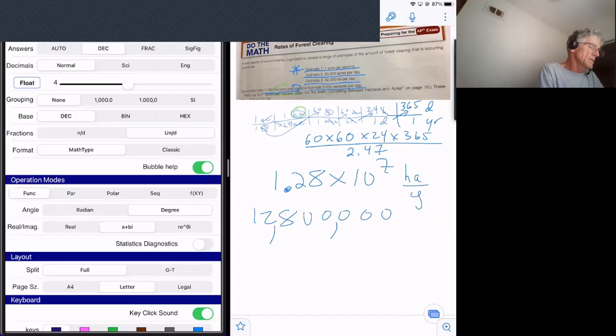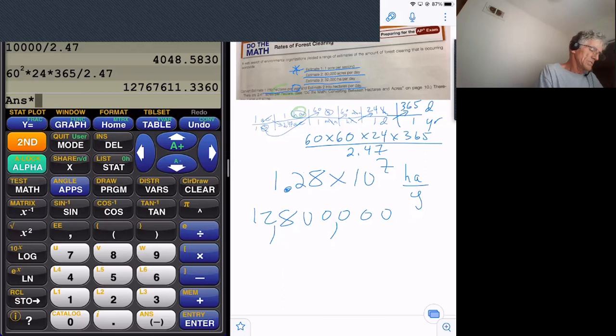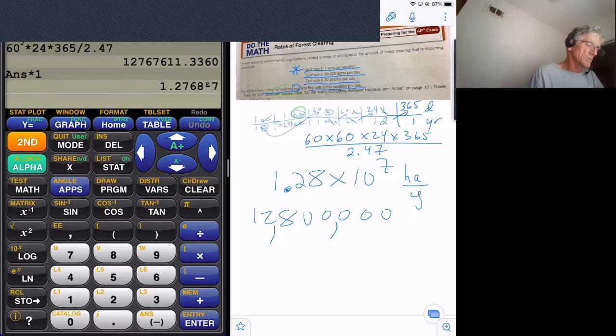You just put mode, and then you go scientific. Then you multiply that, and it gives you 1.28 times 10 to the 7. Okay, so that's my answer right there. Either one.